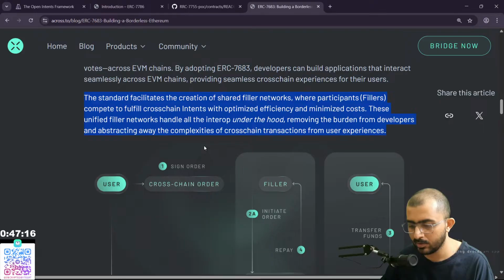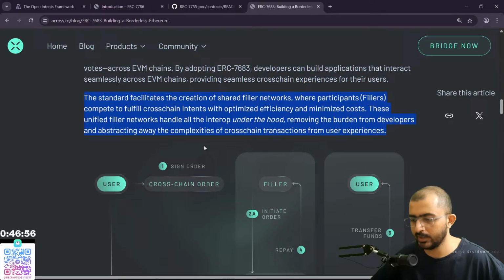The standard facilitates the creation of shared filler networks where participants, fillers, compete to fulfill cross-chain intents with optimized efficiency and minimal cost. I didn't understand that.